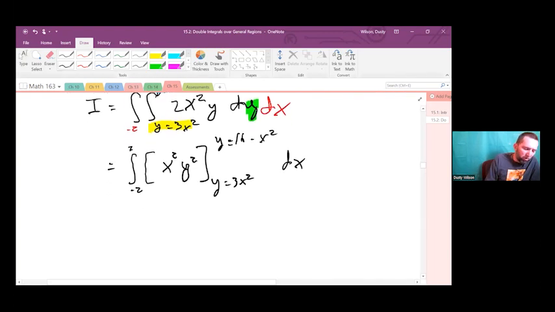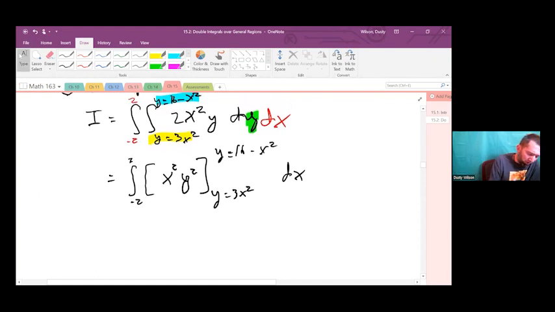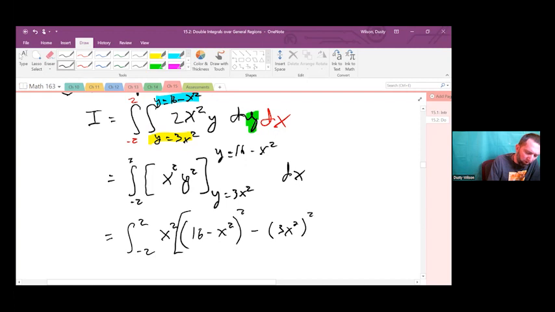Plug and play with your fundamental theorem. So this will be the integral from -2 to 2 of x squared, that's going to be a constant, and then I'm going to put in the 16 minus x squared, squared, minus 3x squared, squared, dx.